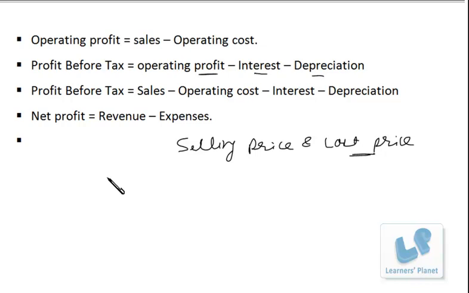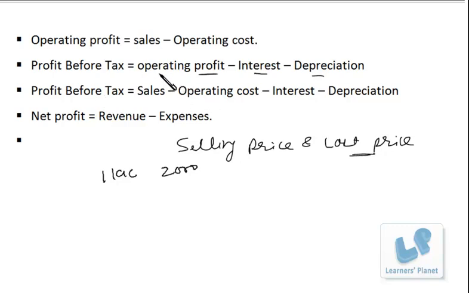Suppose you bought a machinery for 1 lakh rupees in, maybe, year 2000. Now every year the value of this machine gets depreciated. Why? Because sometimes the technology gets older. Apart from that, the life of the machine depends upon its usage, and the life of the machine is getting down, so gradually the machine loses its value. That is actually depreciation. Okay, so profit before tax is operating profit minus interest minus depreciation.